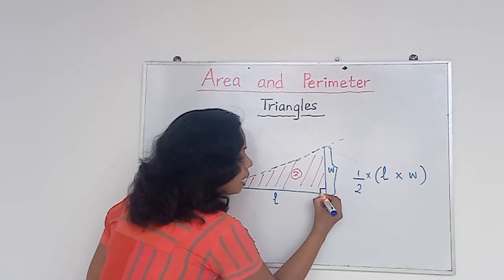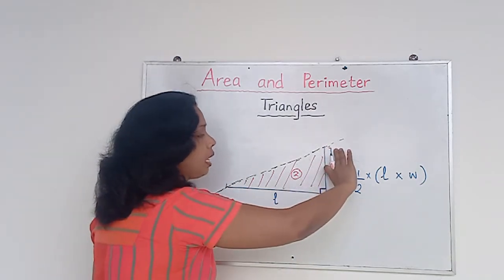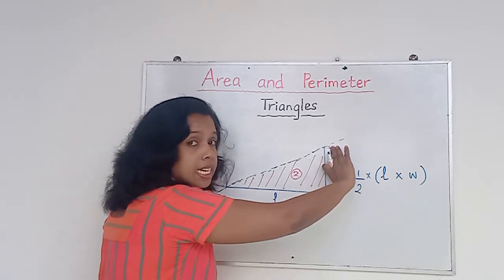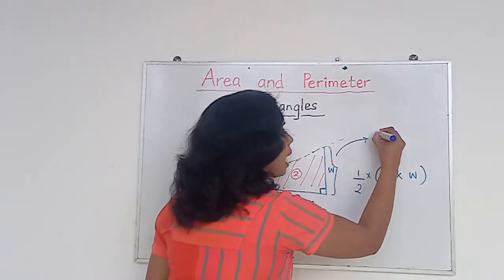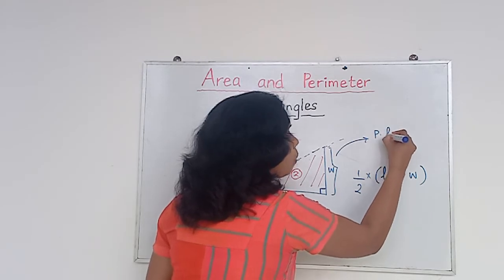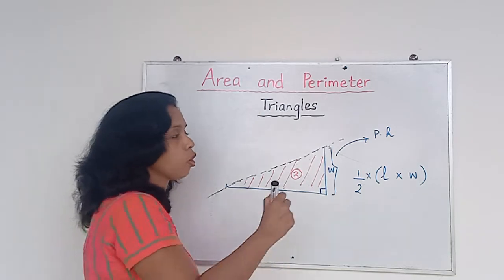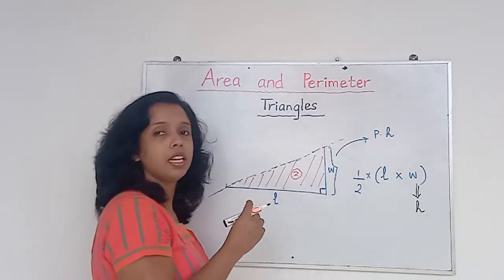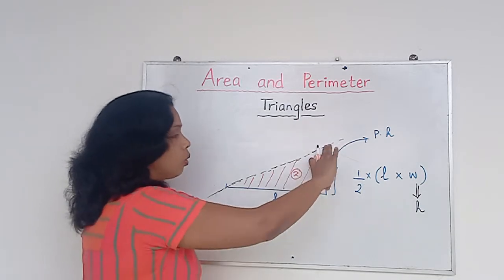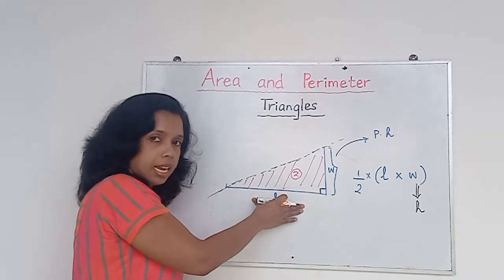Exactly, there is a 90-degree angle, and so this perpendicular height is drawn against this side, right? So I name this perpendicular height. So instead of width, now I am going to use h, right? Perpendicular height.